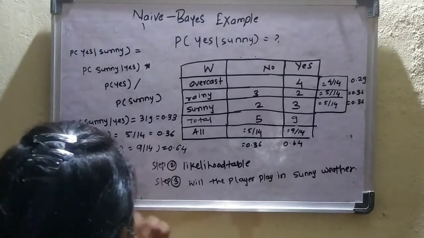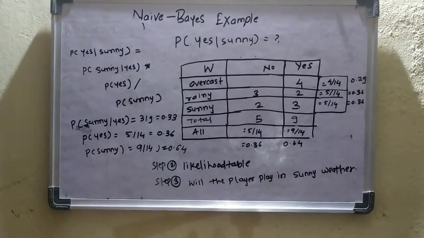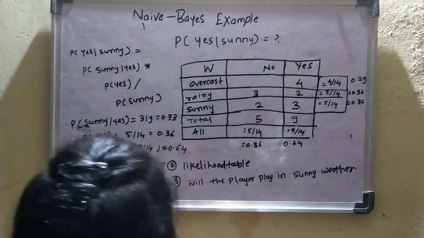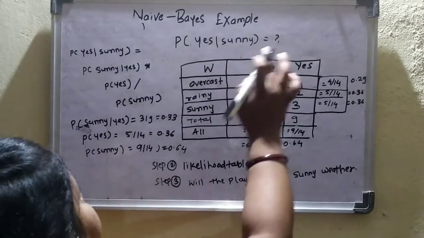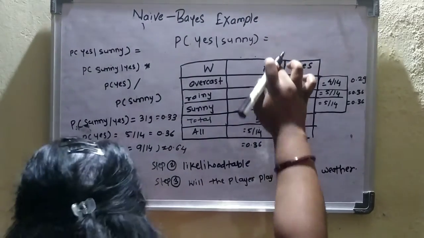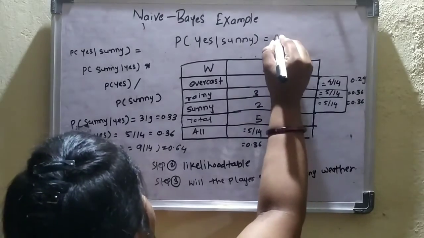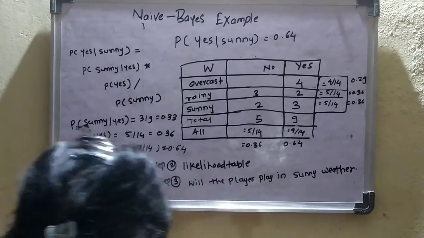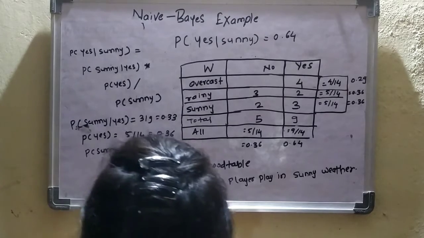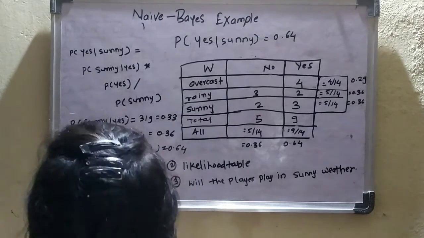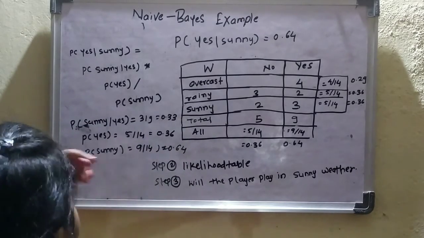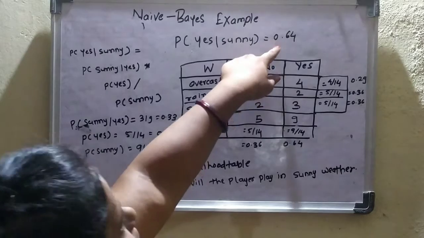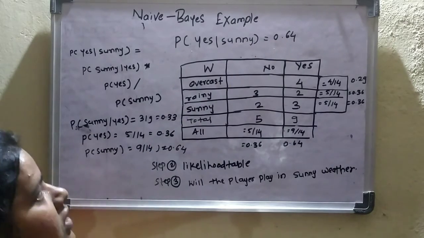If we put all the values into this, after all the calculation we will get the value of the probability of yes given Sunny as 0.64, which is a positive value, and that too is greater than 0.5.